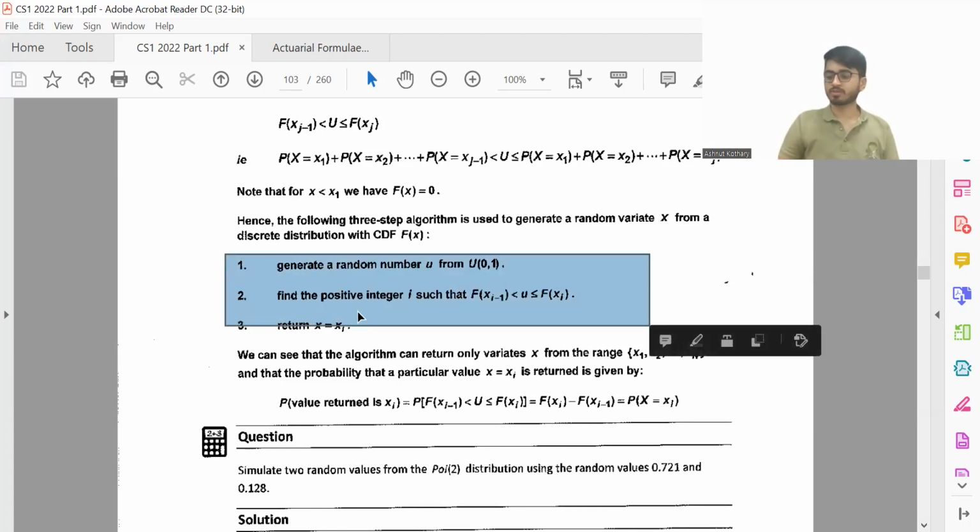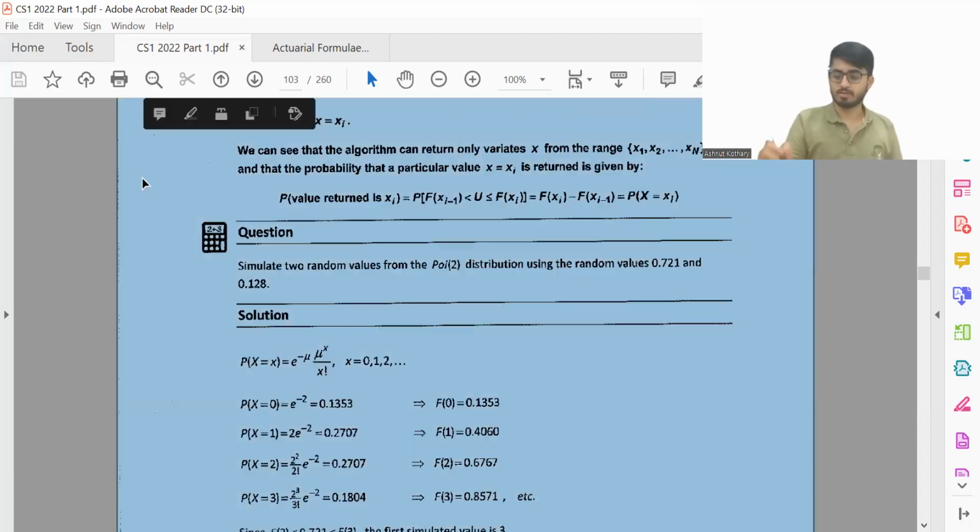Next, find the positive integer i such that F(x_{i-1}) is strictly less than U, less than or equal to F(x_i). Return x equal to x_i. We will see through a numerical example exactly how we need to proceed.